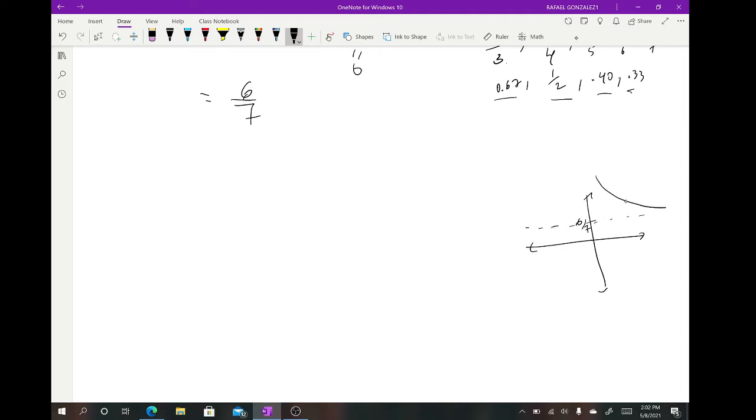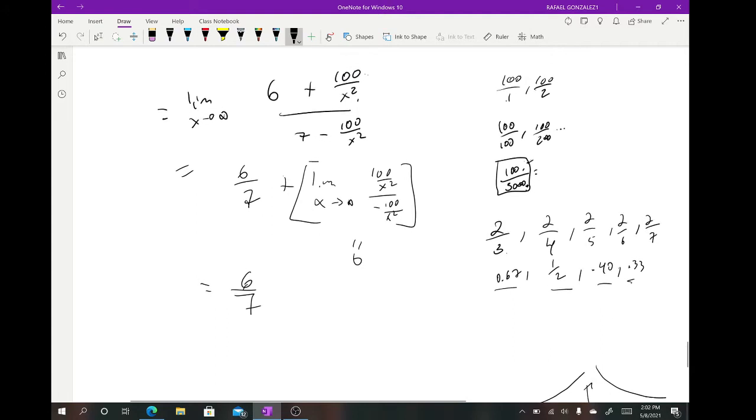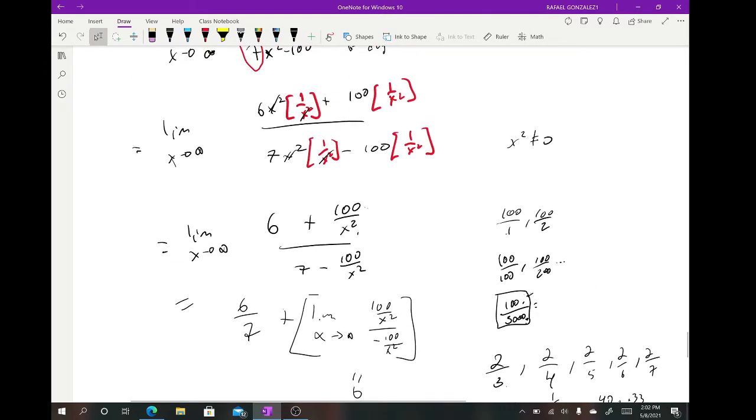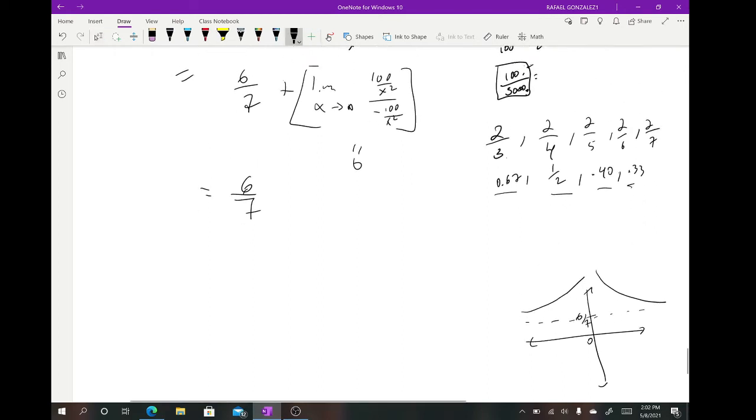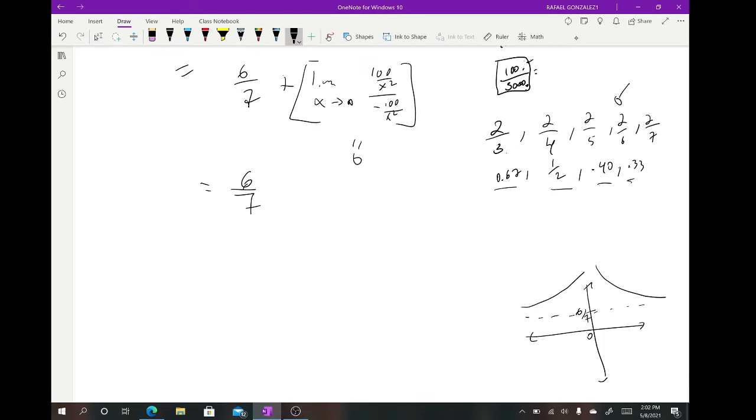So if the function looks like this or like this, it's not going to cross it as it goes to infinity. That's by using the fact of horizontal asymptotes. Had the denominator been bigger, then the horizontal asymptote is just 0. That is something you should definitely keep in mind and know.